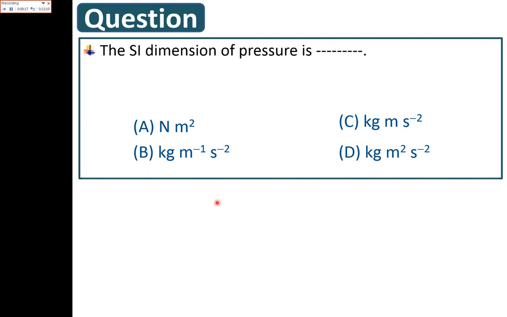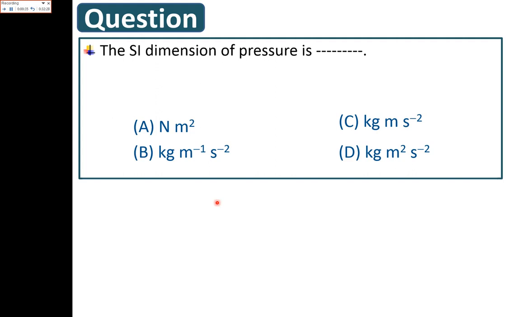This is an important part of chapter 1, the dimensions and the units of the different functions according to the SI system. You need to realize the difference of them.